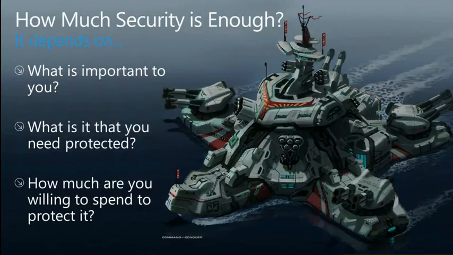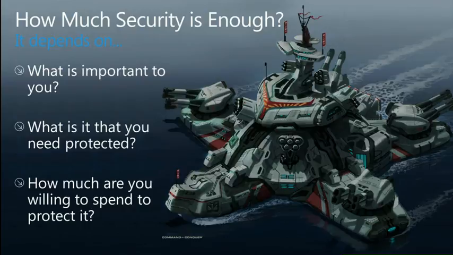The next question is, what is it that you need to protect? What are you protecting? I like to think of a good example from about 10 years ago. I used to be the security program manager for the first Windows phone, that smartphone that Microsoft came out with a long time ago. The code name was Stinger. I don't even remember what the name of the product was at the time. But I had an old beat-up Nissan Maxima. It was an old car, basically running on its last threads.